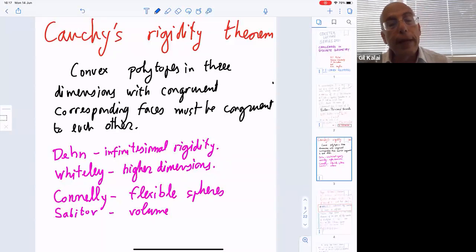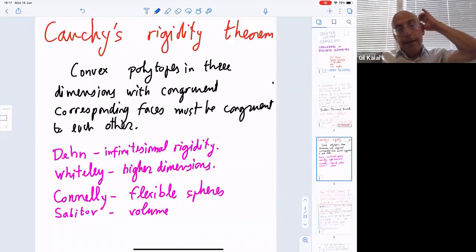One was from the beginning of the century by Max Dehn, later followed by Alexandrov, which asserts a variant of the theorem which dealt with infinitesimal rigidity. So I may mention it later, either today or some other time, but it says that convex polytopes and simplicial polytopes in 3 dimensions are infinitesimally rigid.